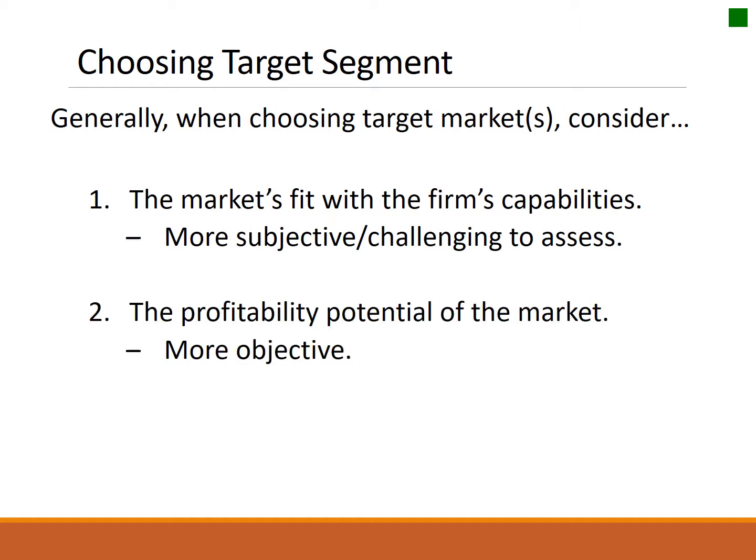Those are the two general key drivers of which market segments will be the most attractive to us: the ones that we can reach, the ones that we fit well culturally with, and the ones that are the most profitable.